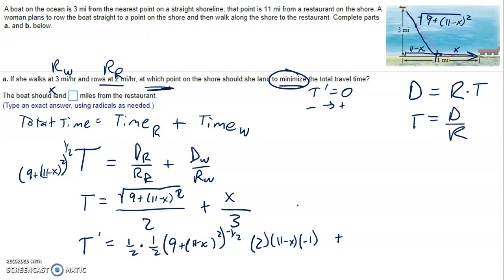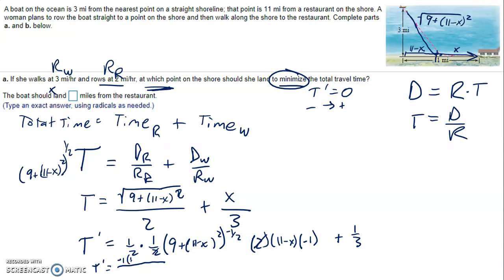And then this is much easier. The derivative of x divided by 3 is 1/3. So let's simplify this a little bit. We can cancel out this 2 and this 2. So t prime equals, well, we're going to have this 11 minus x and a negative 1 on top.